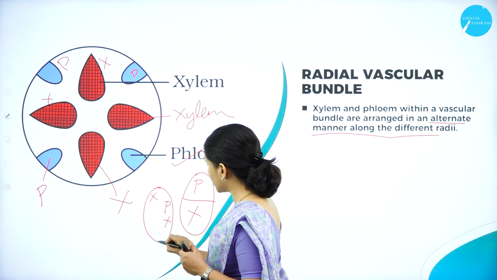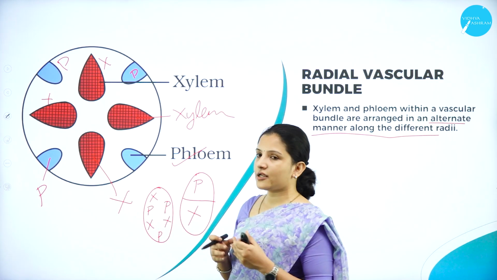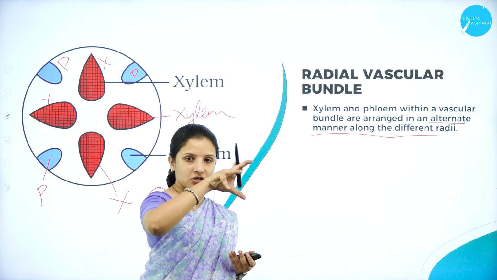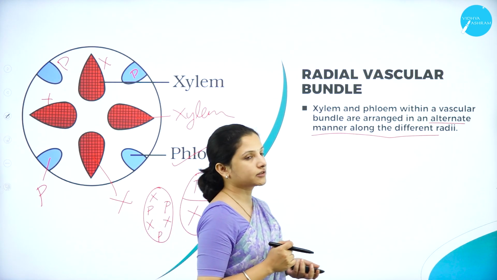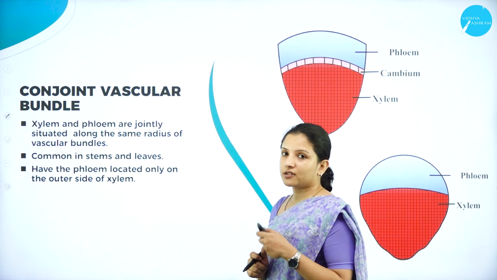Again the xylem, then the phloem. This kind of arrangement is called the radial vascular bundle. They are arranged like a radius, like a ray. That is why it is called a radial vascular bundle. So this was about the radial vascular bundle.